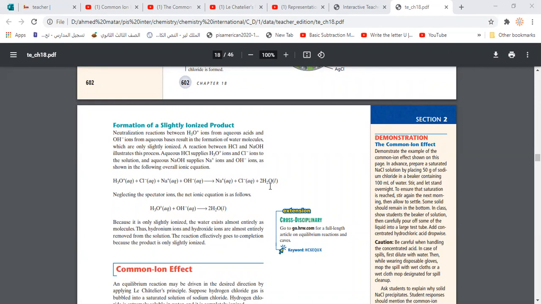Water is a slightly ionized product. That means water does not break down into ions easily, so we find water in the form of a liquid molecule. That means it is not involved anymore in the reaction. So that will not allow the reverse reaction, and the reaction just completes its path in one direction, to the right, the direction of forming the product.